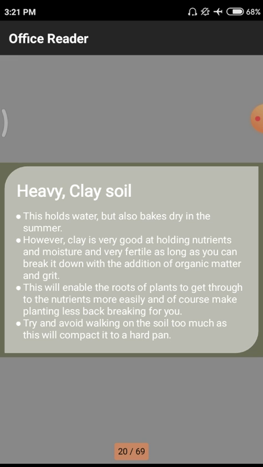These are the major properties of the clay soils. First of all, it holds a huge amount of water in rainy seasons and automatically it will dry in the summer season. That is the major point. And second, these particular soils have a huge amount of nutrients, so those kinds of soils are useful for vegetative growing.